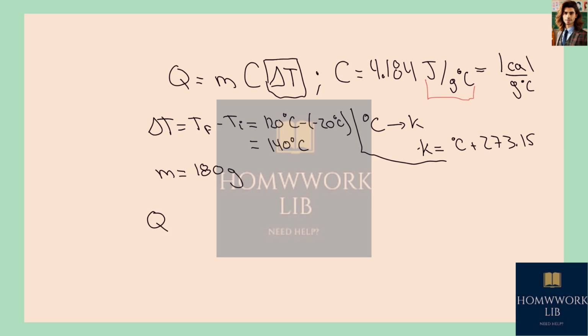So we're going to do it in joules because that is the unit for the international system. We have the mass times the heat capacity, 4.184 joules per gram degree Celsius, times delta T, that is 140 degrees Celsius.